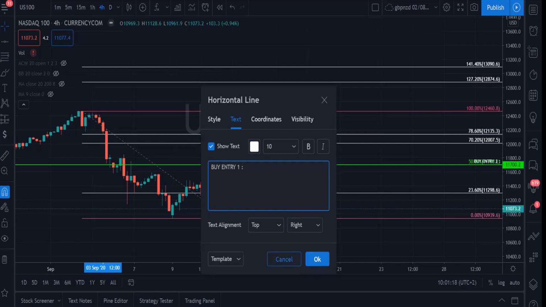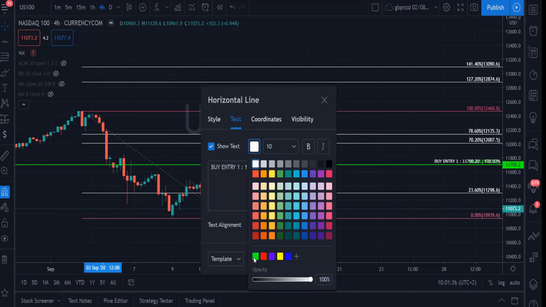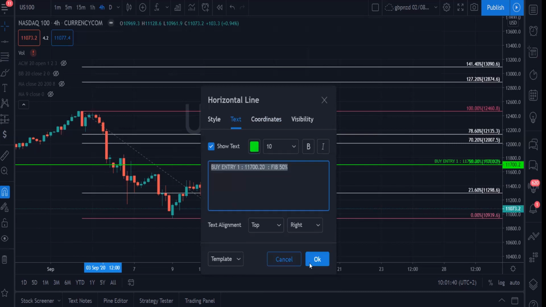And the price at buy entry 1 is 11,700.20. And how I got this buy entry, I used a Fibonacci of 50%. You with me so far? Yes. Okay, I'm going to explain this to you again, but I'm going to do it on another line, then we're going to understand that.